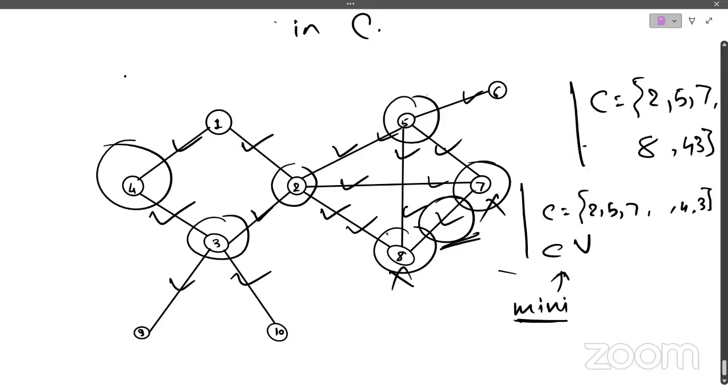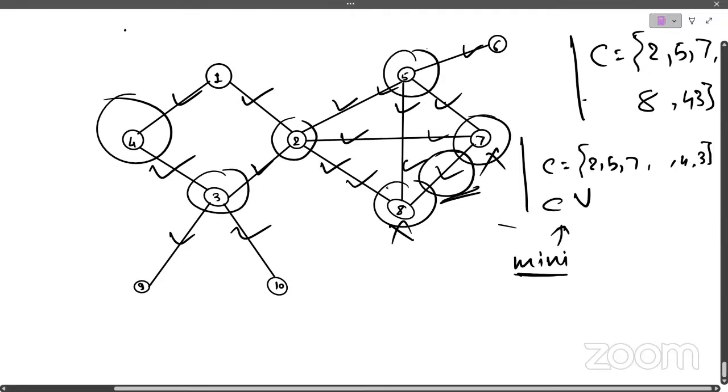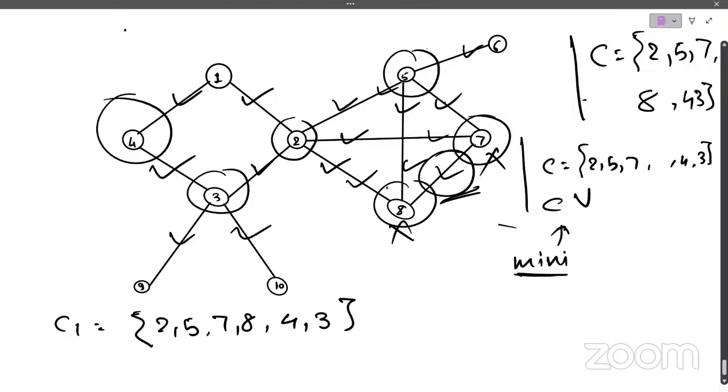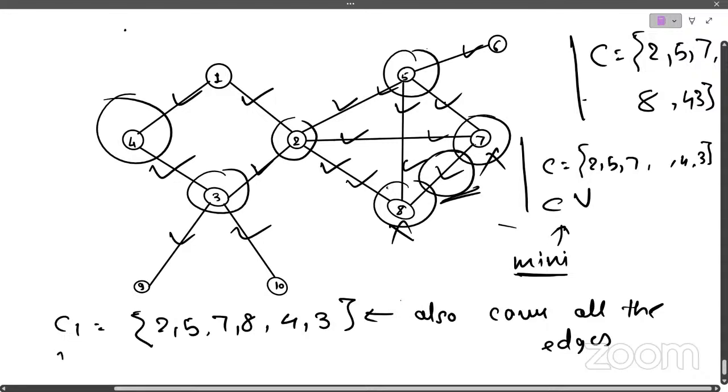For example, if I consider C1, whatever we are making, 2, 5, 7. Suppose I take 7 and 8 both, and 4, 3. Then this set also covers all the edges, right? And suppose I remove one of them, then this set also covers all the edges.